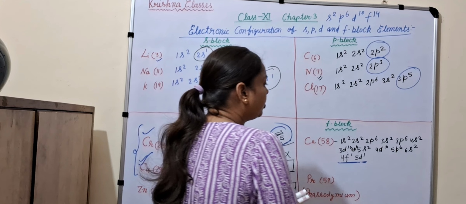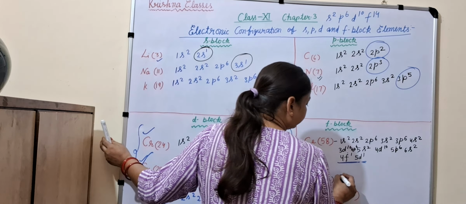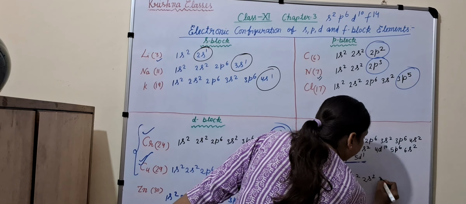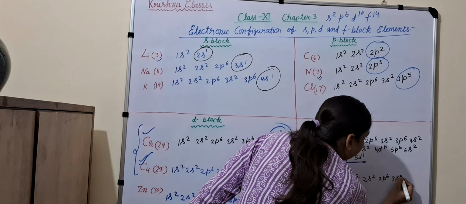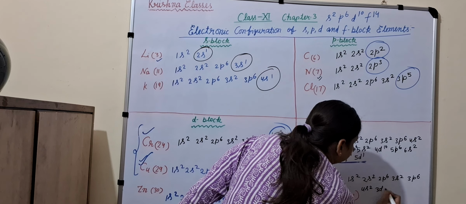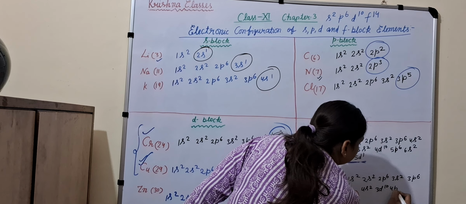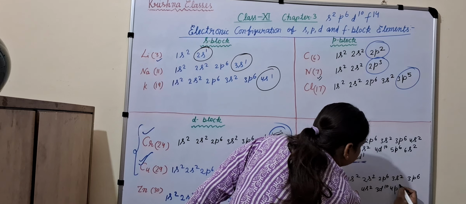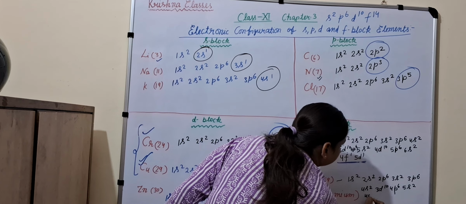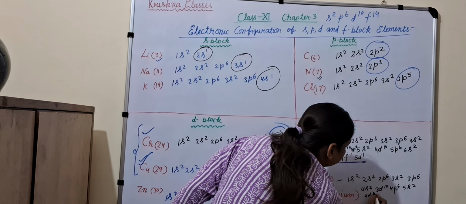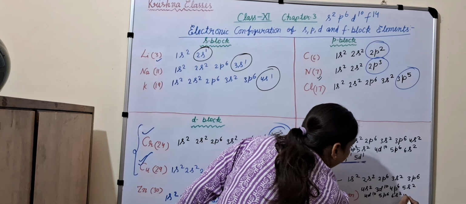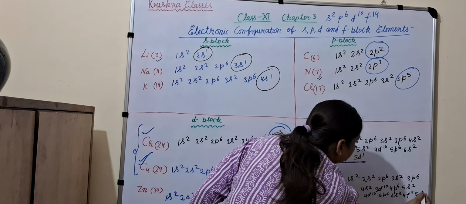Let's start the electronic configuration again: 1s2, 2s2, 2p6, 3s2, 3p6, 4s2, 3d10, 4p6, 5s2, 4d10, 5p6, 6s2, 4f2, 5d1.